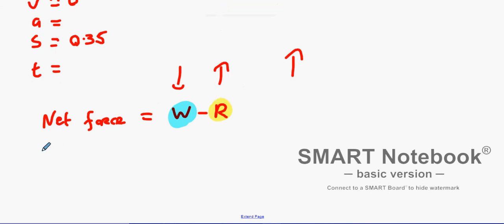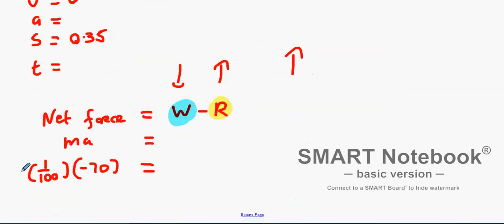Now, net force equals MA. MA in this case is your 1 over 100 kilograms, multiplied by your deceleration, which is minus 70. That equals your weight, 0.098 newtons, minus your R value.